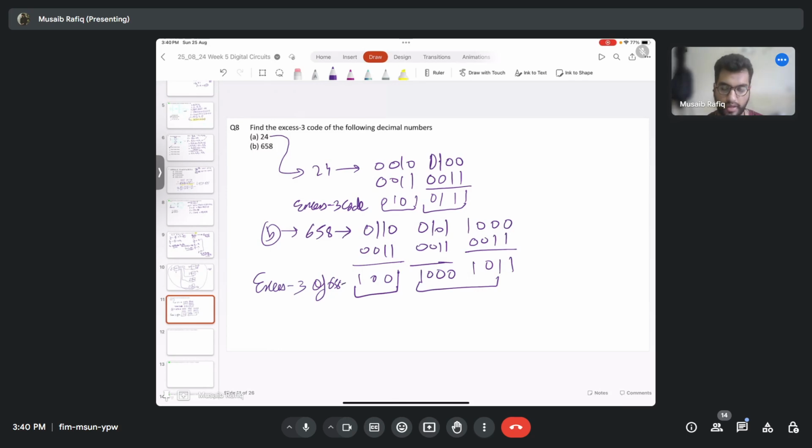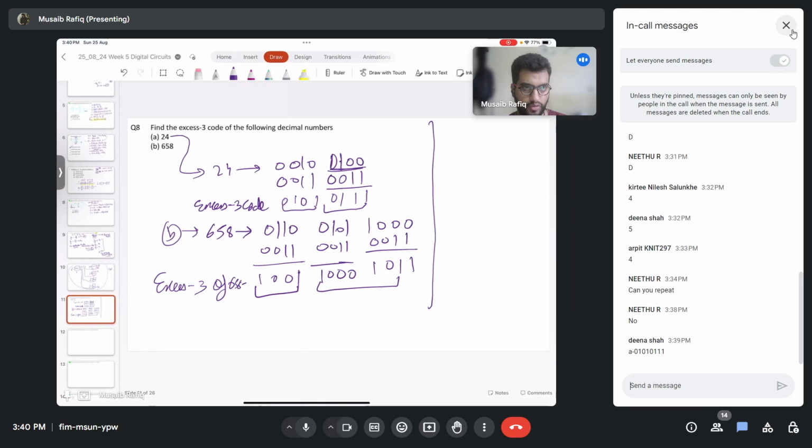Another way of doing it: just write the BCD of the number and then add 3 to each BCD number. This is pretty straightforward.